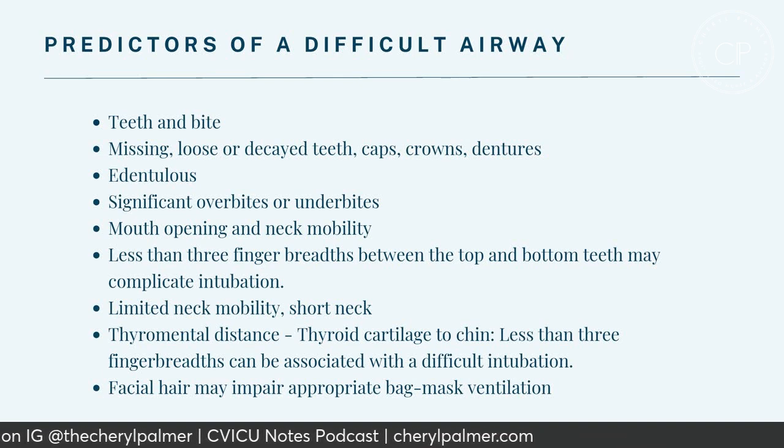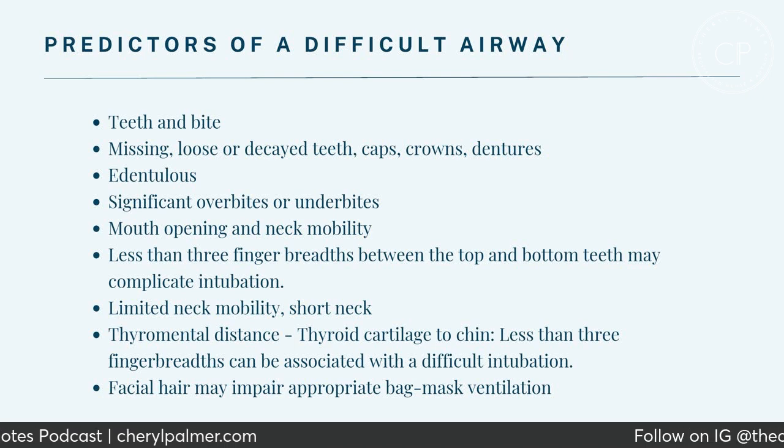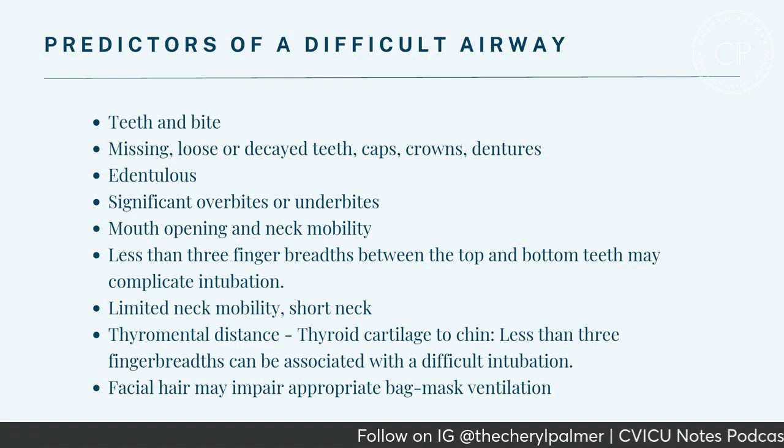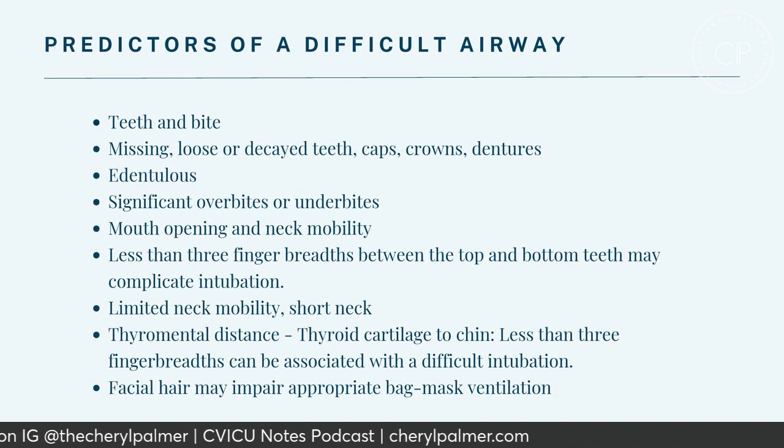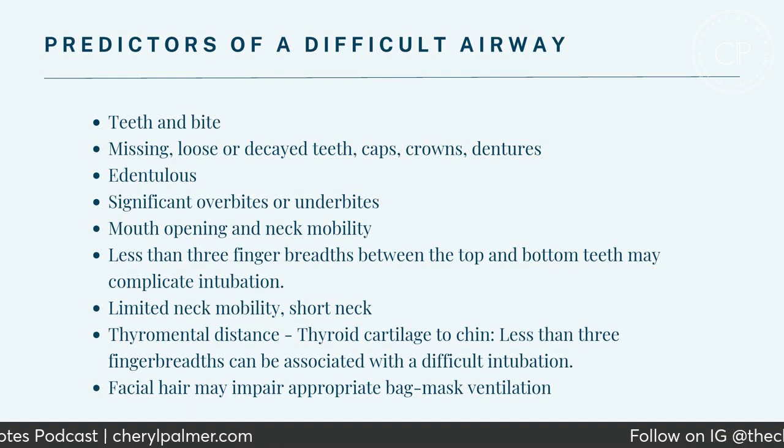Limited neck mobility, a short neck. Thyromental distance, that's the thyroid cartilage to chin, less than 3 finger breadths, can be associated with a difficult intubation. Facial hair may impair appropriate mask ventilation.